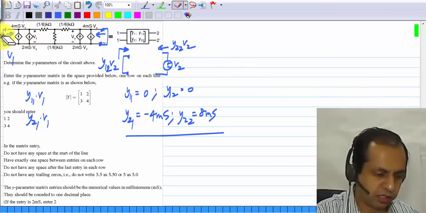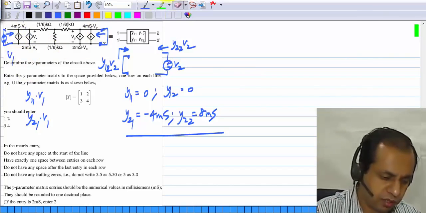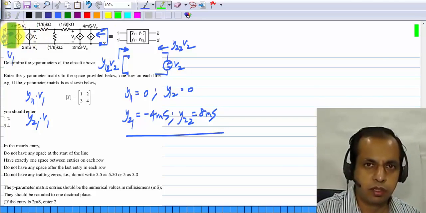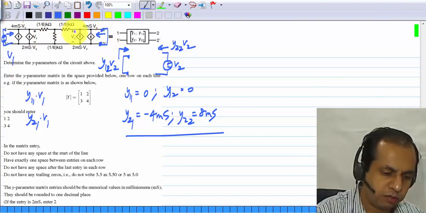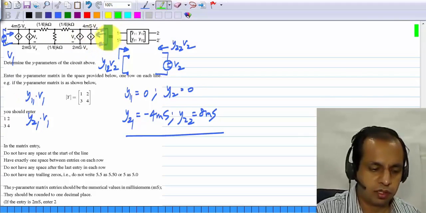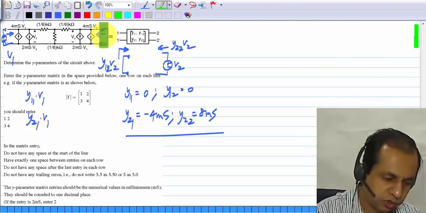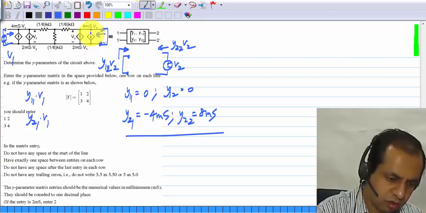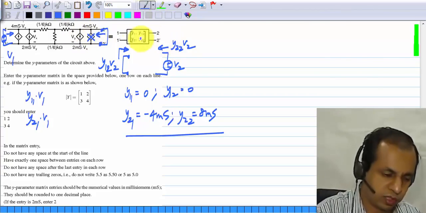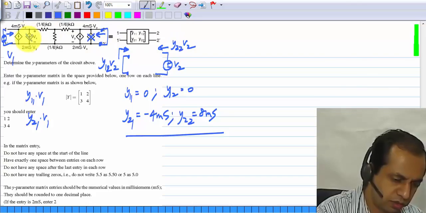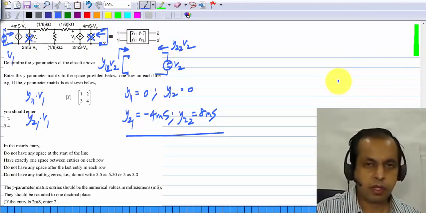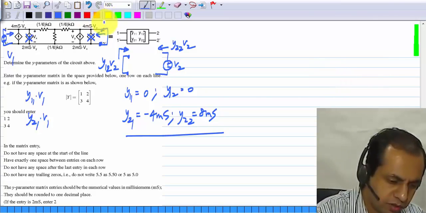You can see that, let's say you have V1 applied here. First of all you see that Vx itself equals V1. And Vy will be 0 in this case because port 2 is short circuited, Vy is across port 2, so it will be 0. So this will become an open circuit and this also will become an open circuit. And what do we have?